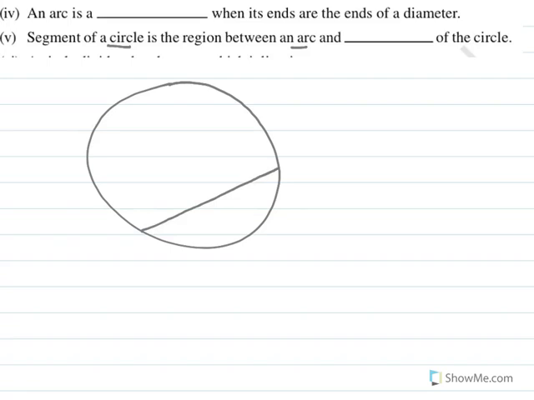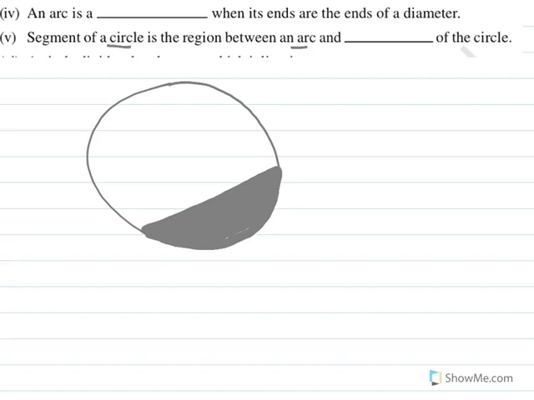Segment of a circle is a region between an arc and chord of the circle. So let us draw the segment. Here we have the circle, and we know that this is the segment, this part like this. This is called segment of the circle. What is it bounded by?